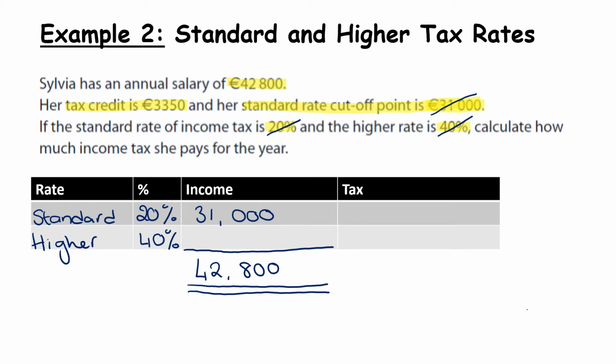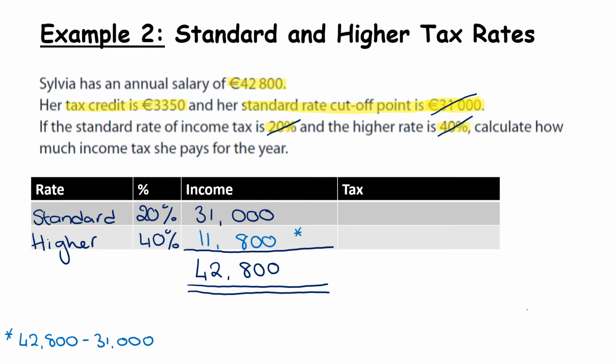So to figure out what goes in the blank, we're going to do 42,800, take away 31,000, and that leaves us with 11,800. So be really clear how we calculated that. So I'll put it in here, 42,800, take away the 31,000.